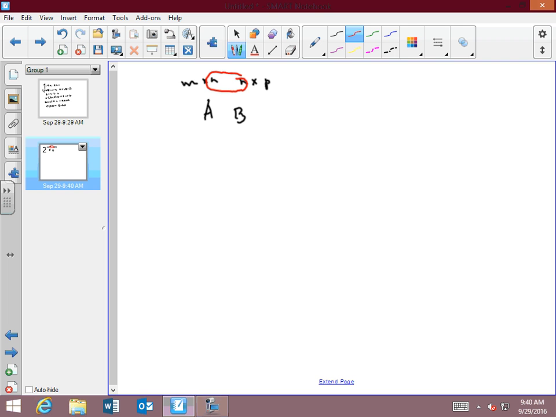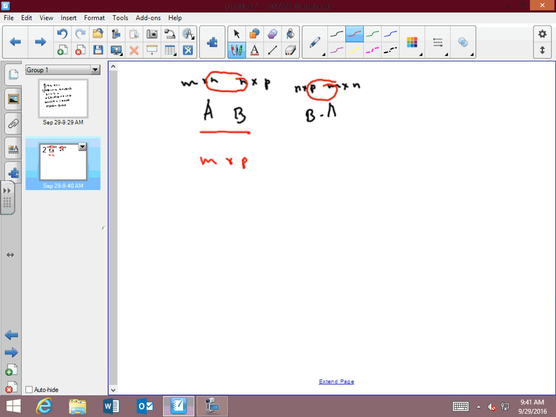But if you put it the other way around, B times A, then you'd have an n by p and an m by n, and these two don't necessarily have to be the same. They would have to be identical to do the multiplication. Because when you do this multiplication, m by n times n by p, the result is an m by p matrix.